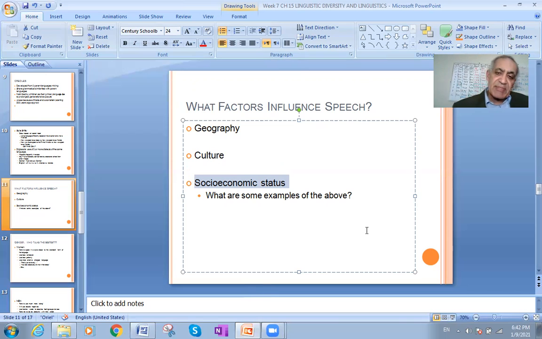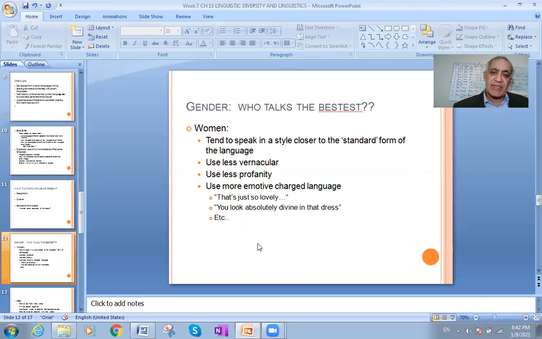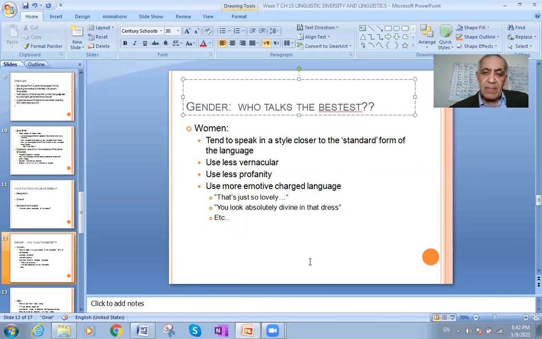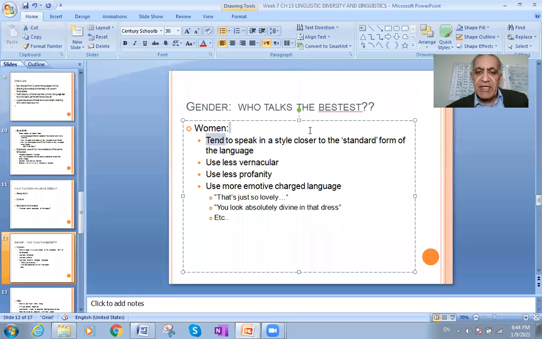What are some examples of the above? Can you give examples of the above, please? Let's go for gender. Gender means women and men. Women tend to speak in a style closer to the standard form of the language.